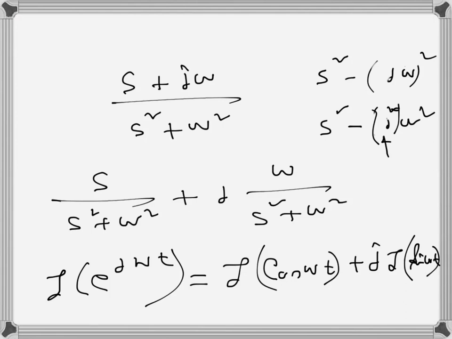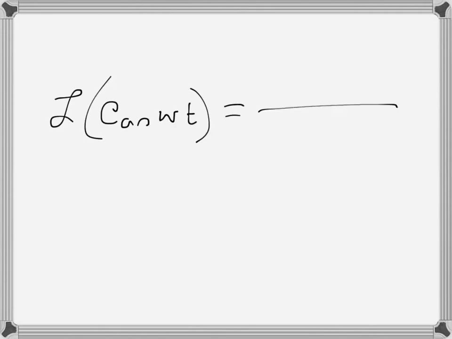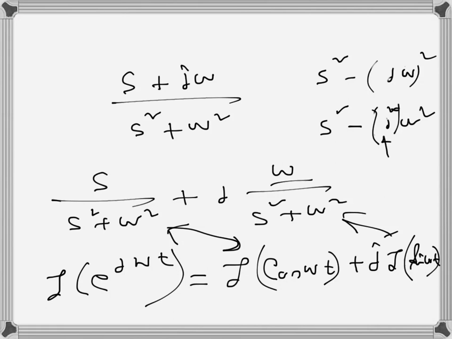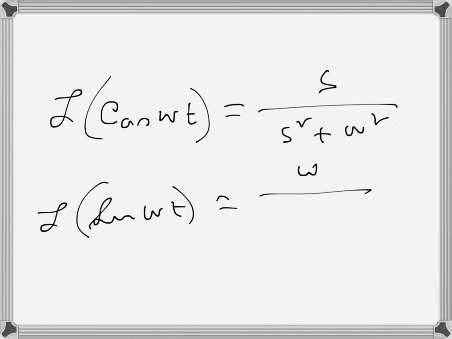So from here, equating the real parts and imaginary parts, the Laplace transformation of cos omega t will be s over s square plus omega square, and the Laplace transformation of sine omega t will be, of course, omega over s square plus omega square.